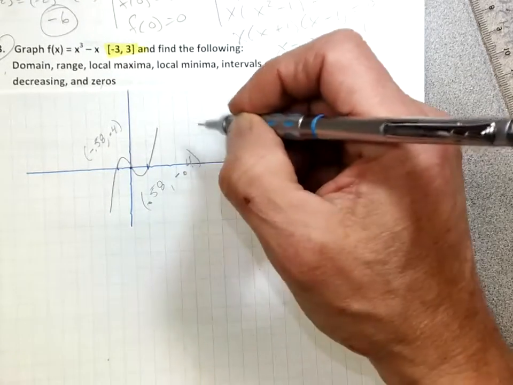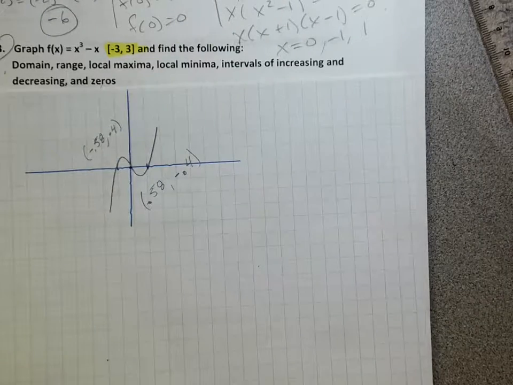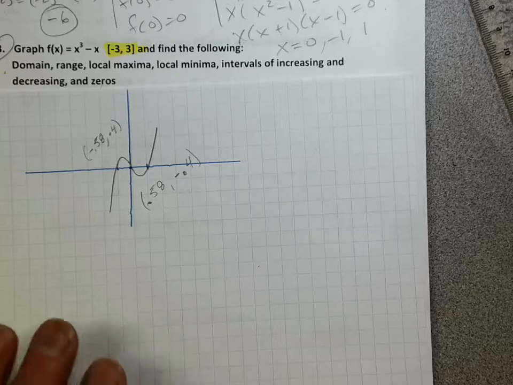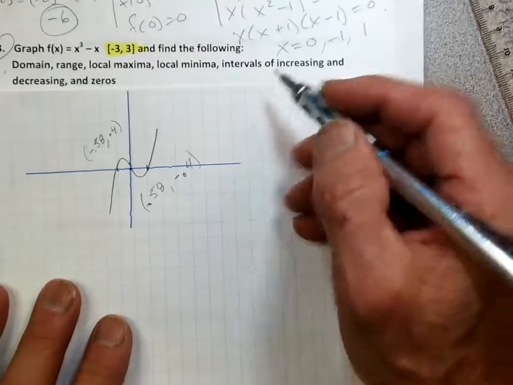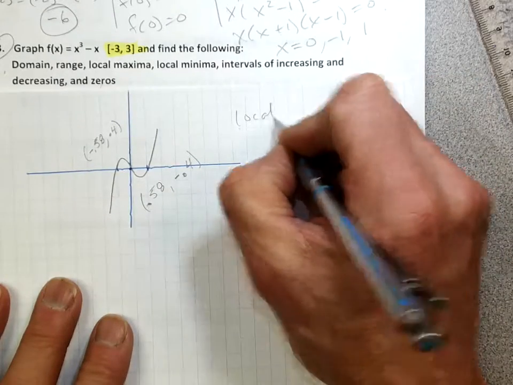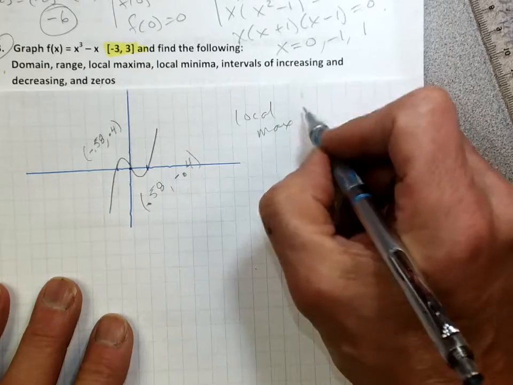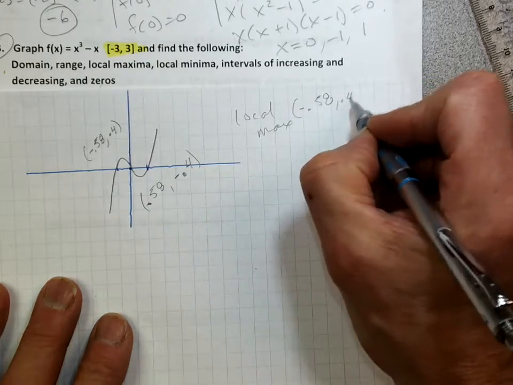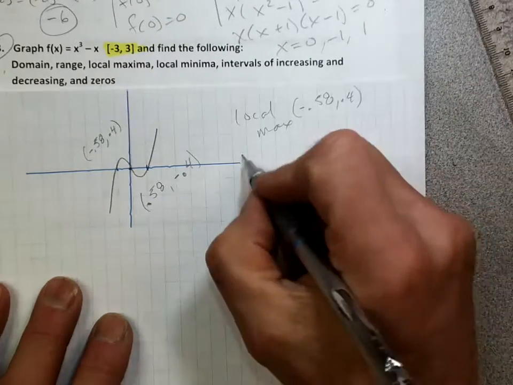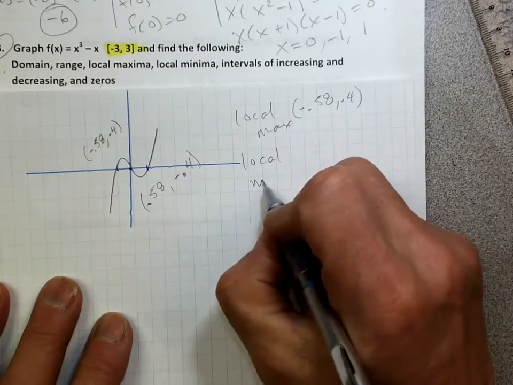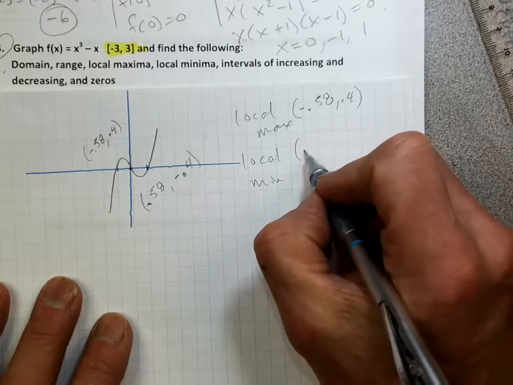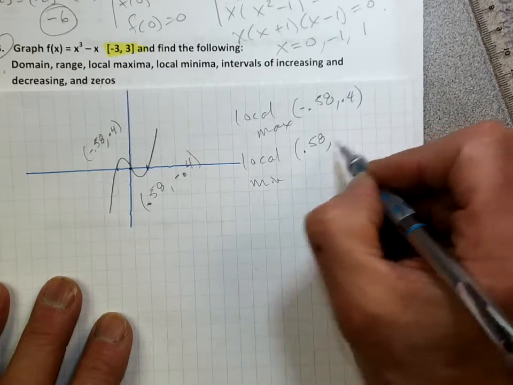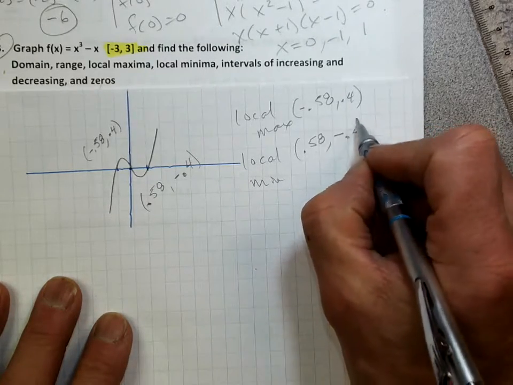It is symmetrical, so it makes sense you'd have just the opposite values. So I've got my local max and my local min. My local max is at negative 0.58, 0.4. My local min is at positive 0.58 and a negative 0.4. All right?